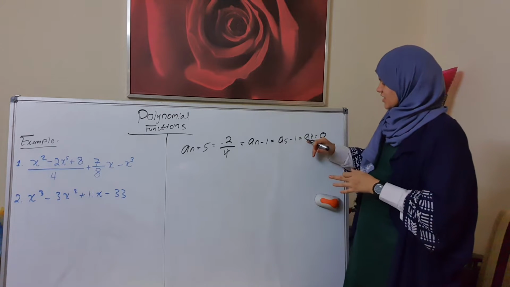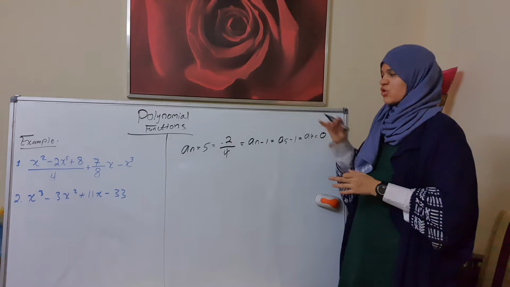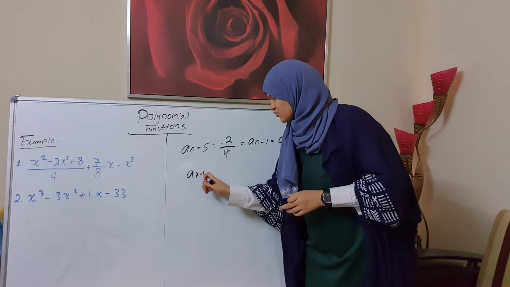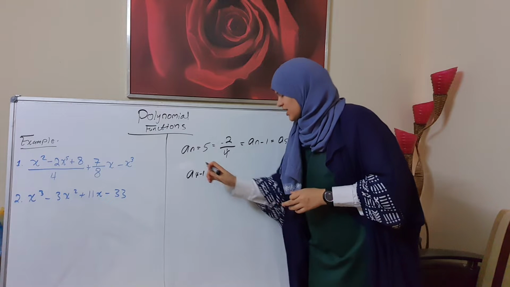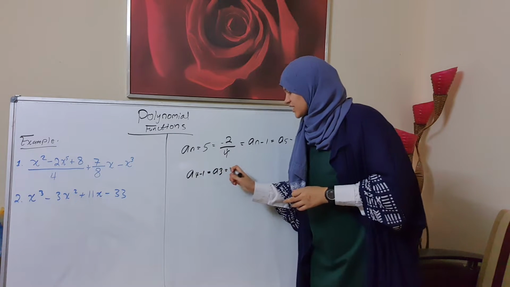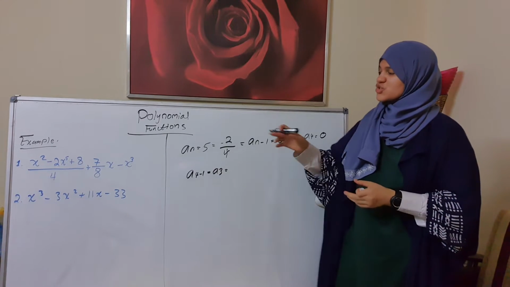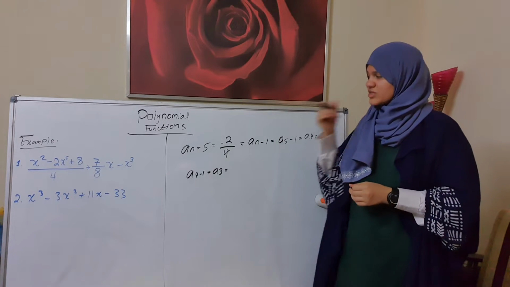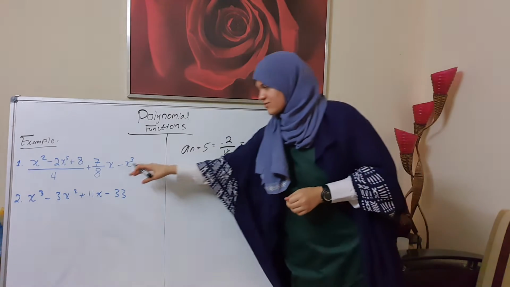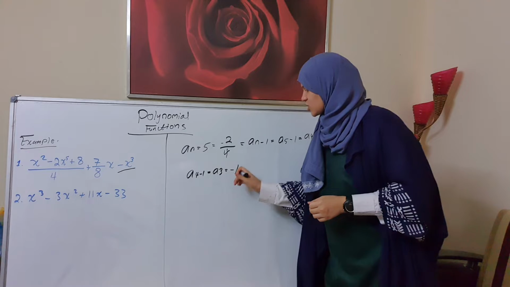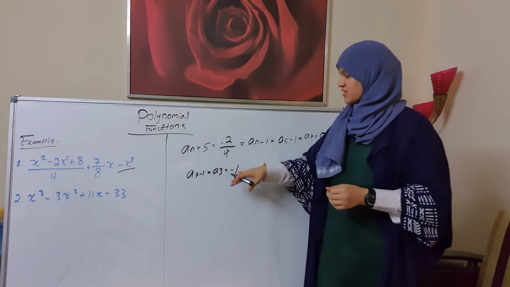Okay, now the same thing, we have a4, so we continue: a4 minus 1 will be a3. Do we have x to the power of 3? Yes, we have negative 1 x to the power of 3. So the coefficient of x to the power of 3 is negative 1.